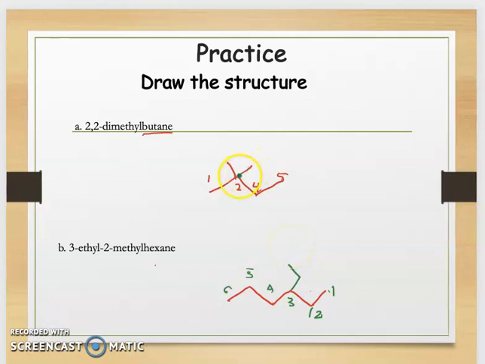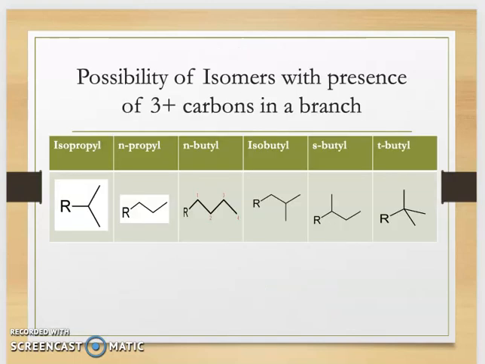Okay, so when you have branches that have 3 carbons or more, then you might think about isomers. Okay, so isomers, to recall, is defined as 2 chemicals with the same chemical formula but different structures.